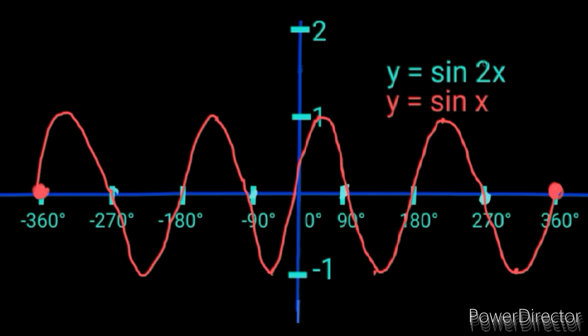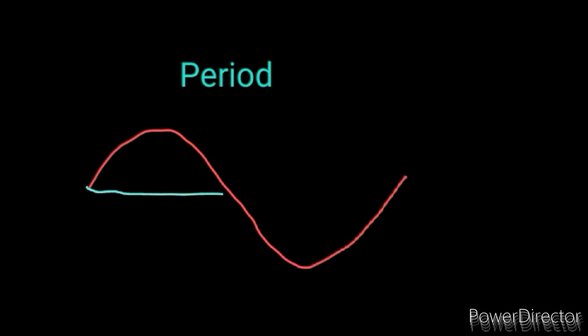So the part that is going to be important about K is the period. So let's talk about period. The period of the graph is the length of one complete wave. In the sine graph and in the cos graph, it is usually 360, but in the tan graph, it is 180.